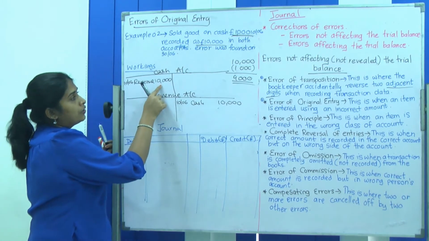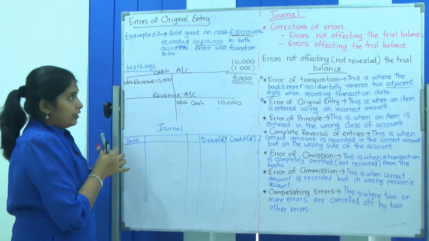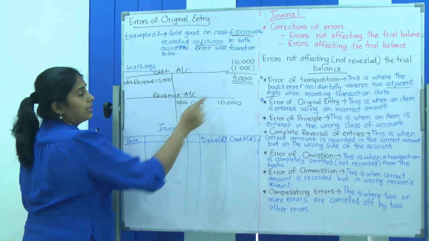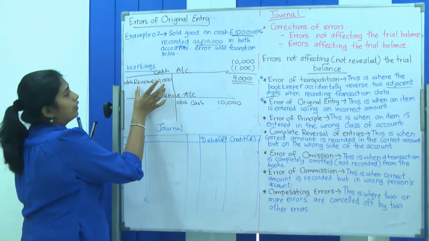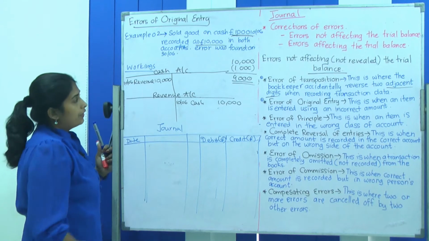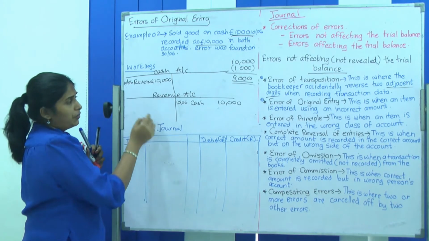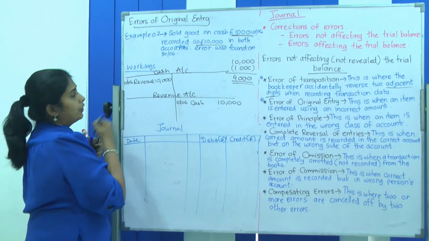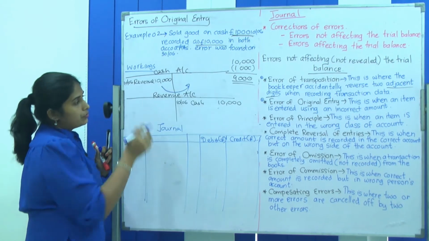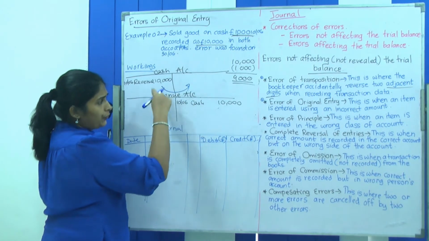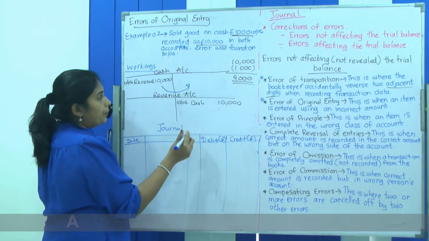So to make 10,000 into 1,000, what you have to do? You have to cancel this 9,000. So cash account, the amount which is on the debit side, 10,000, to make it into 1,000, you have to cancel the 9,000. To cancel, you have to write on the opposite side.